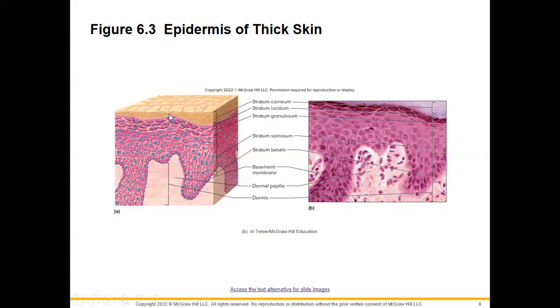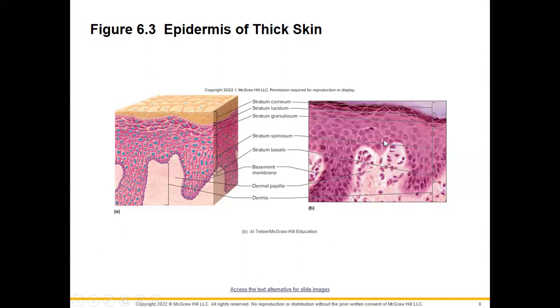Here it's shown as a layer of clear cells between the stratum granulosum and the stratum corneum. And then the superficial most layer is the stratum corneum, where you have the dead keratinized cells. On the micrograph, you can see the same thing.